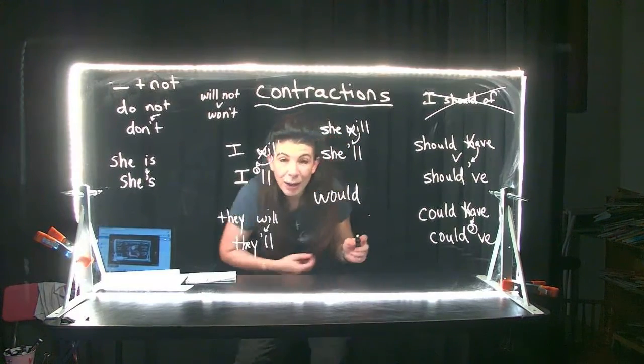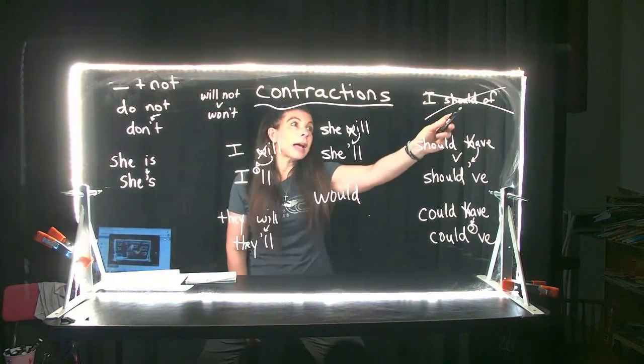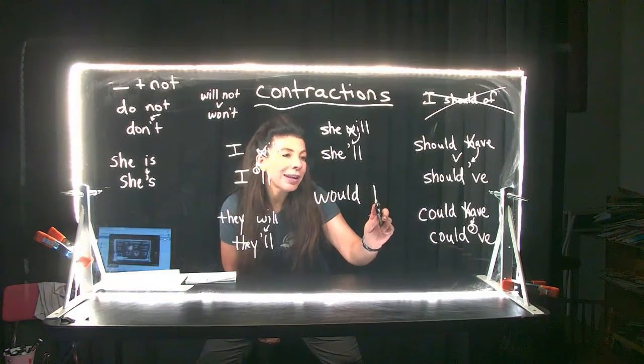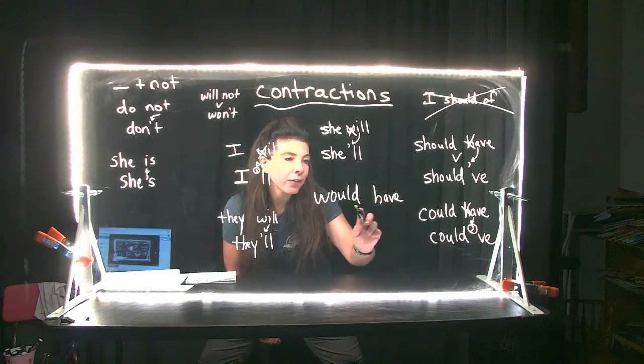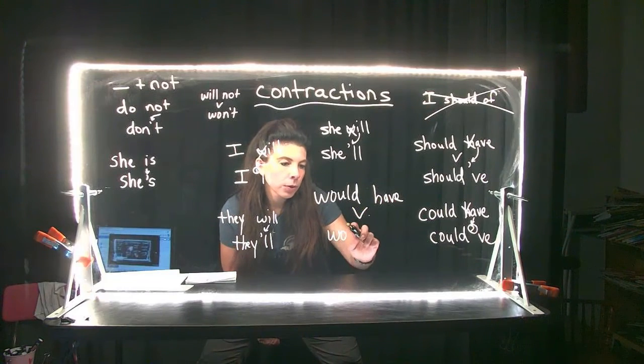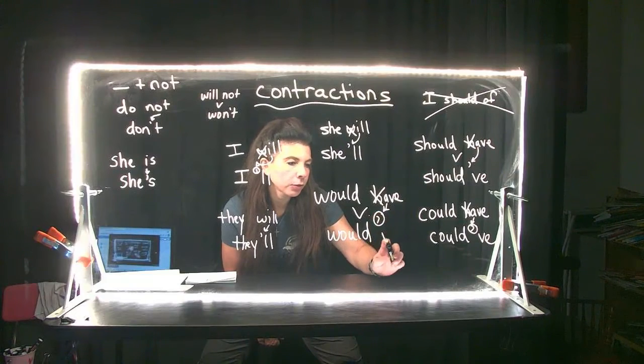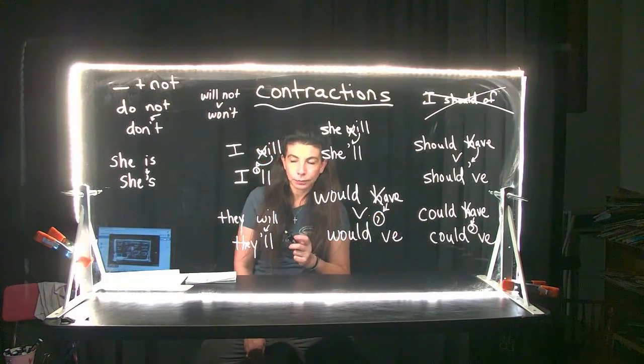She would have come. It's not would of. No. It's would have. She would have come. So you have would, apostrophe, the H is lost completely. The A becomes the apostrophe, VE.